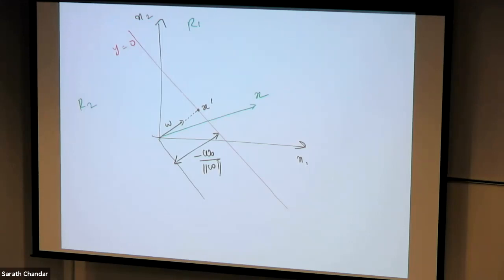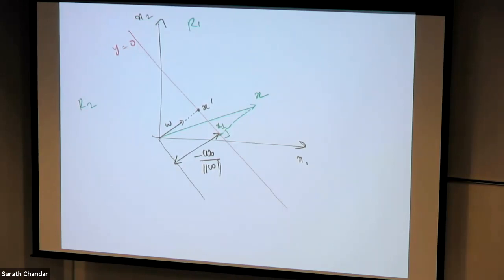But is there any significance about how far they are from the boundary, right? So to do that, let us consider the orthogonal projection of this vector to the decision surface. Okay, so this is 90 degrees. Now we are going to call the projection of this data point here X perpendicular.